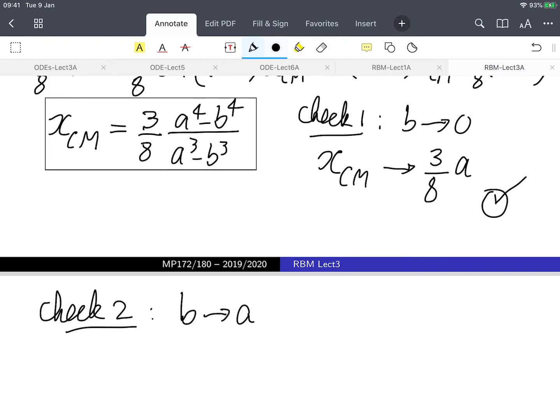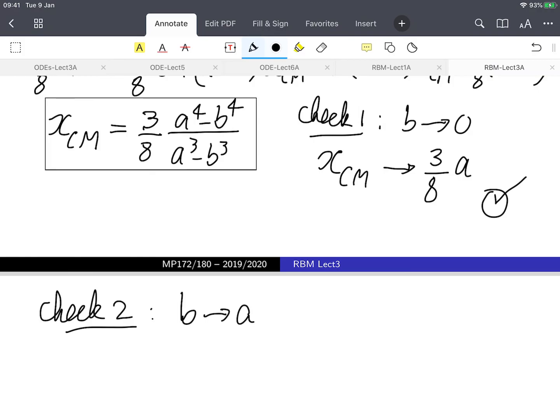So we should recover the result from yesterday as well, which was that the center of mass was exactly halfway, at A over 2. So let's do B goes to A. That's no good because we're going to have 0 over 0.